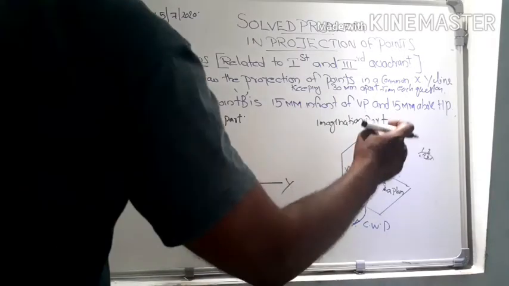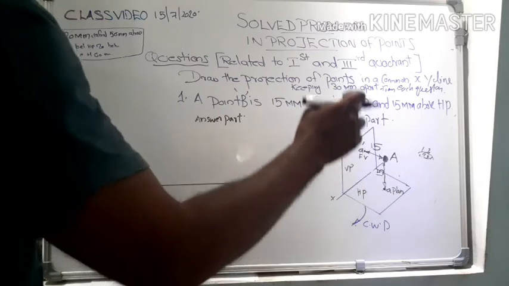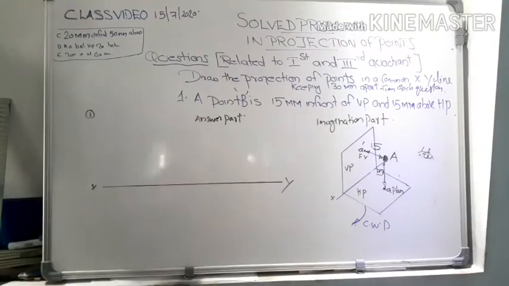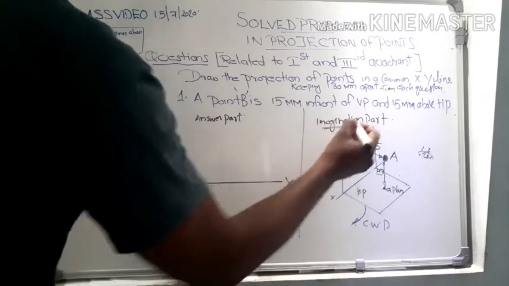So we can first identify the point which is placed in first quadrant. This representation is called the imagination part.